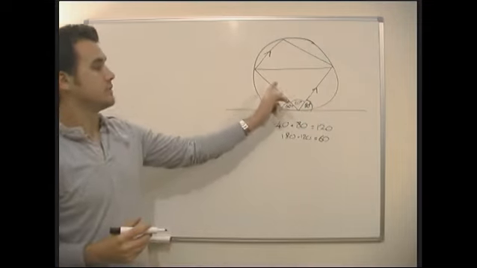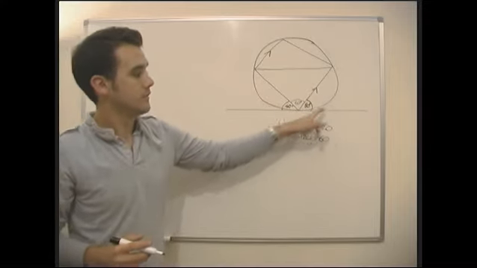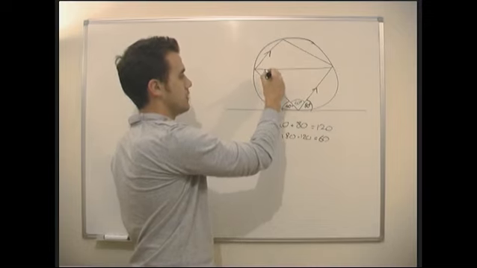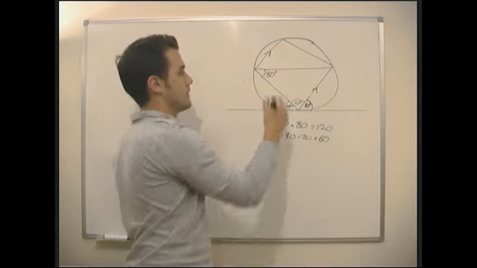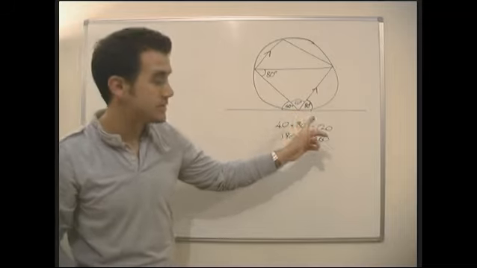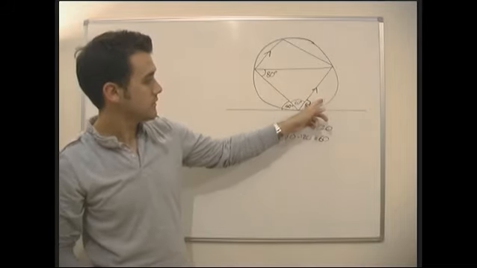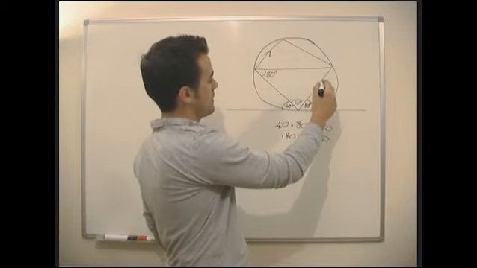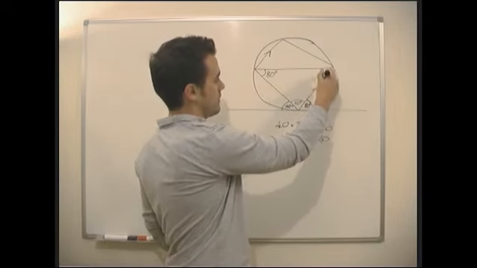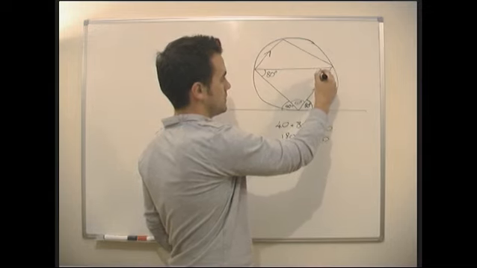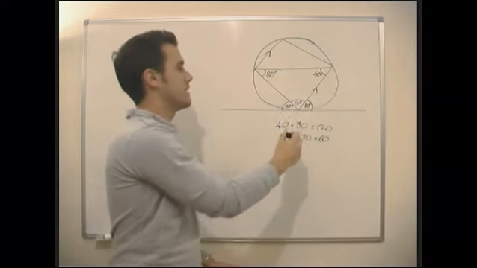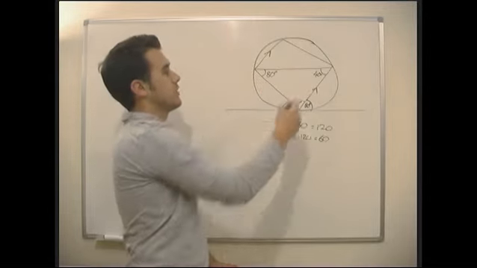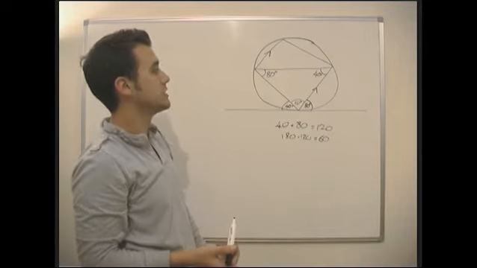You can also see we've got an alternate segment theorem going on. So this here must be 80 degrees as well. Okay, we can also see we've got another alternate segment theorem going on here. We've got a segment here and an alternate here. So this must be 40 degrees. And we could work that out as well, because we've got 80 plus 60 gives us 140, 180 minus 140 would give us our 40 as well.